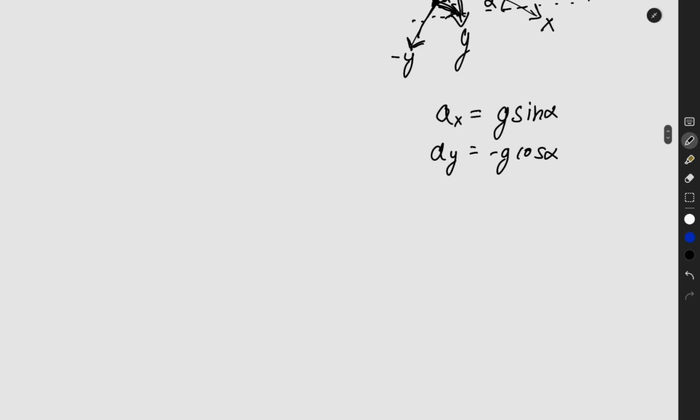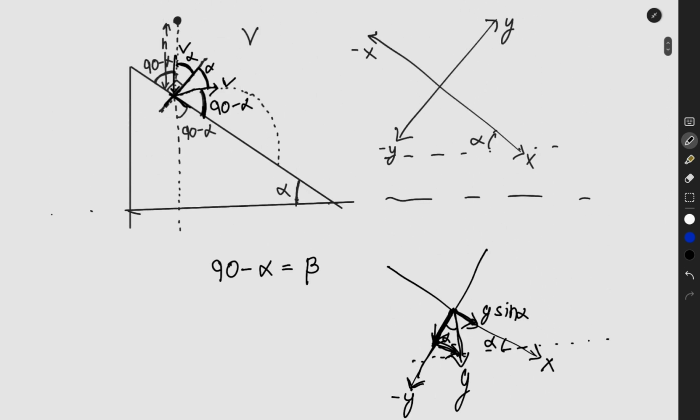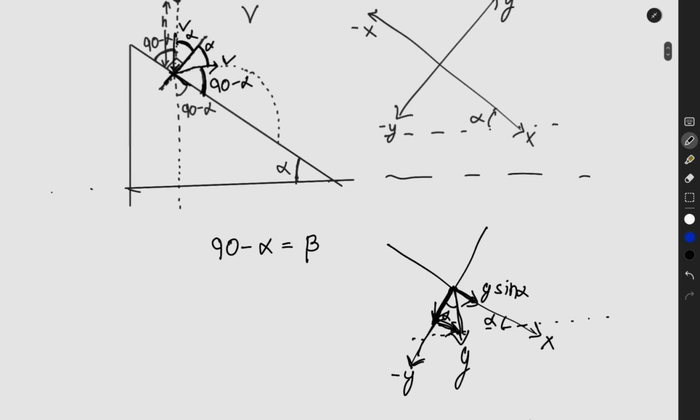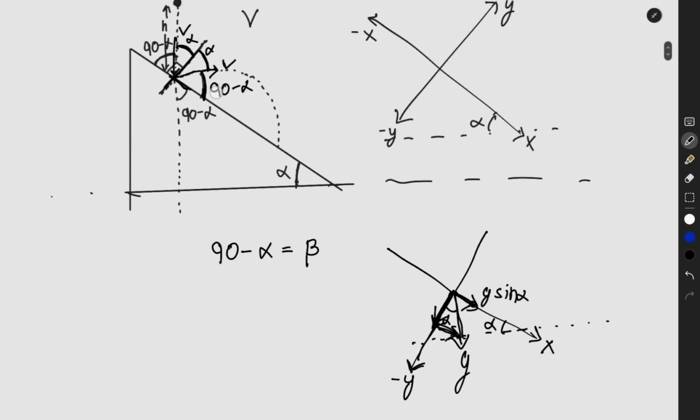Right? And now I'm going to break this velocity into components according to our coordinate axis. So it's actually easy from here. Let's call this beta, because our 90 minus alpha was beta. From here, we can see that the component of the velocity along this direction is v cos beta, and along this direction, it is v sine beta.